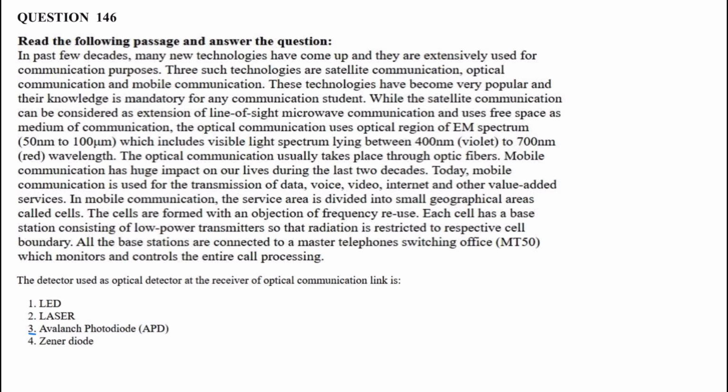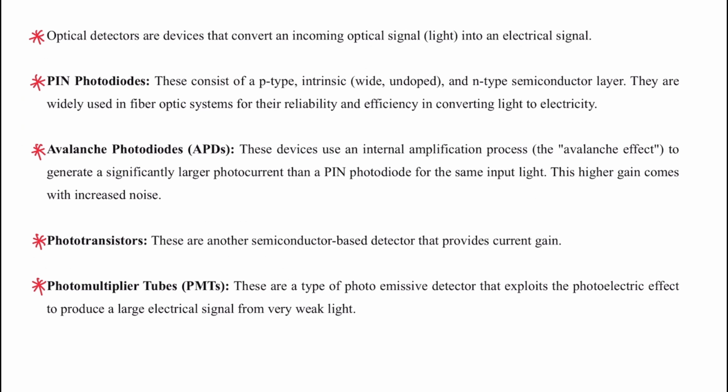Question number 146. The detector used as optical detector at the receiver of an optical communication link is. Optical detectors are devices that convert an incoming optical signal into an electrical signal.